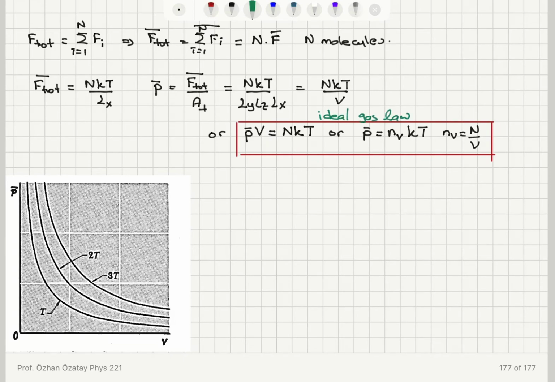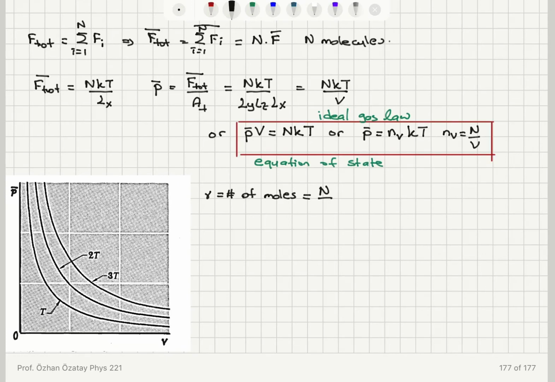It's the equation of state. So if I have new number of moles of gas, how do I calculate the number of moles knowing the total number of molecules?